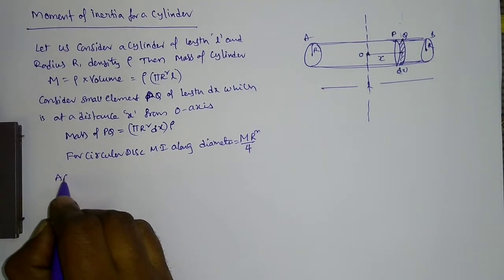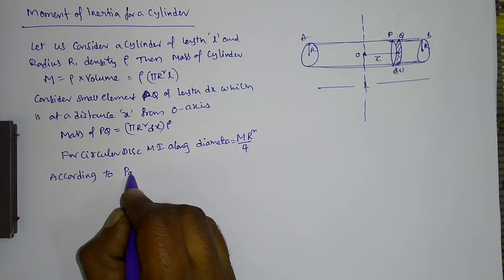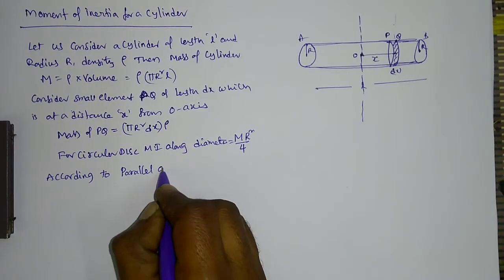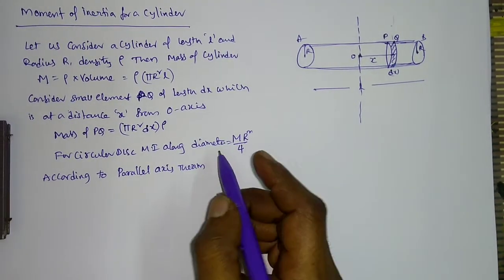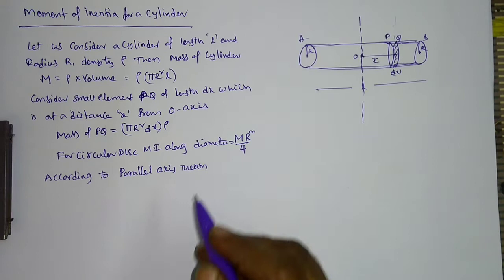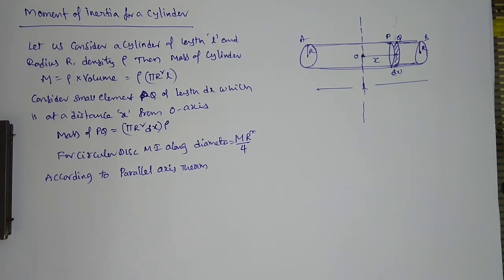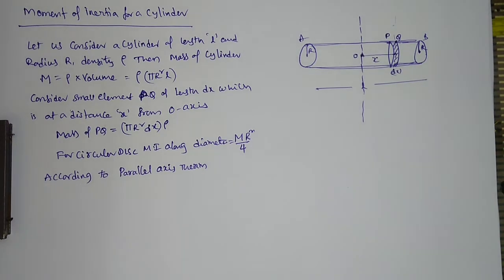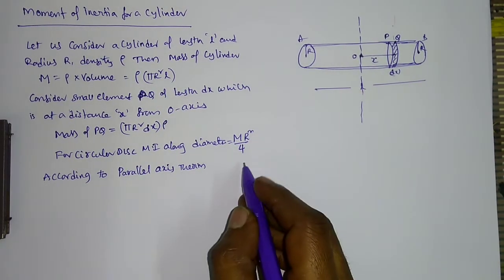According to the parallel axis theorem, the moment of inertia of a body with respect to any axis is equal to the sum of the moment of inertia passing through the center of mass or center of gravity and the product of the mass of the body and the square of the perpendicular distance from the axis of rotation. That is the parallel axis theorem statement.